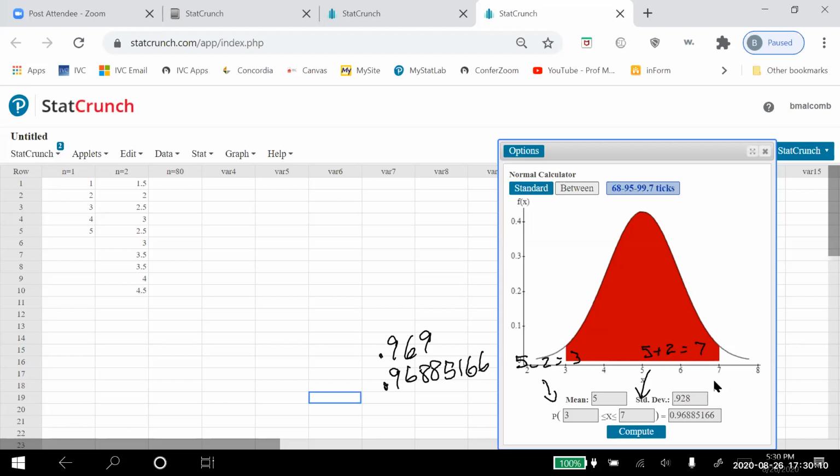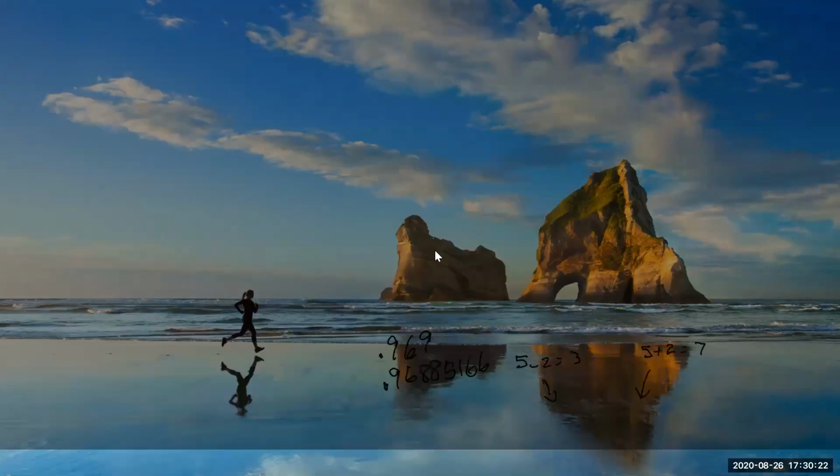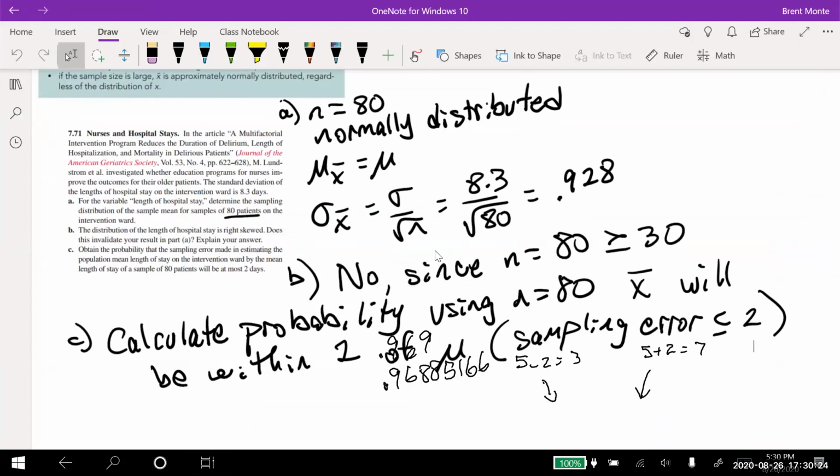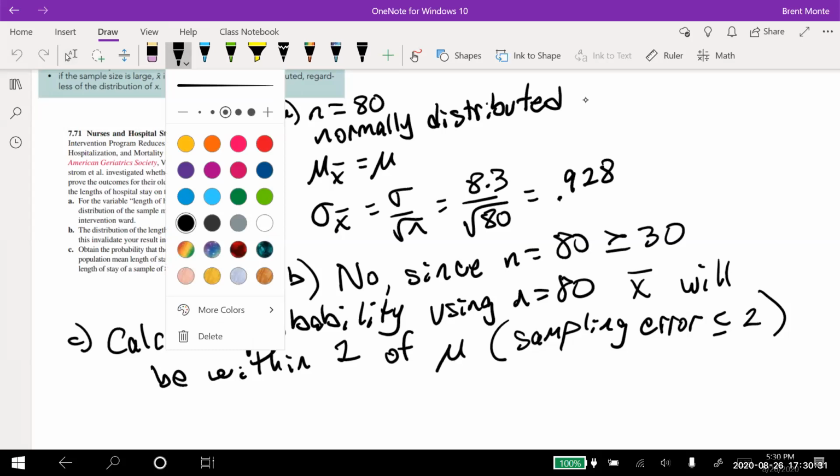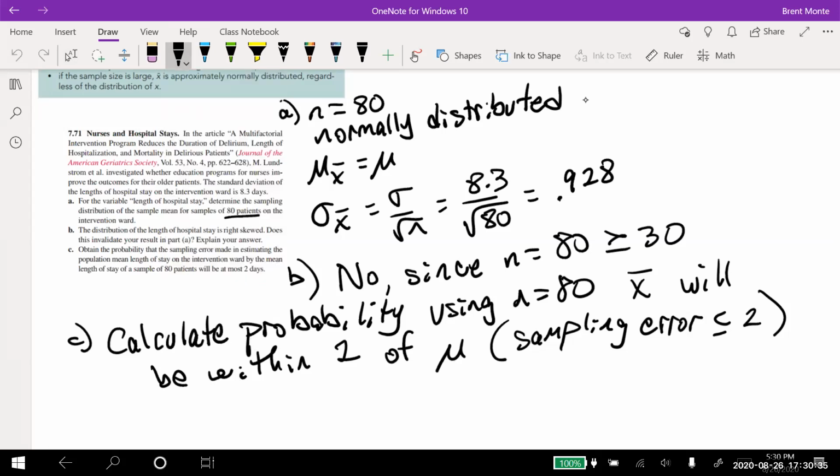So that's where I would go and I'd say, oh, it's about 0.969 if I round off to 3 decimal places. So here, and I've already got that there, 969, let's just clear that part of it. So for part C, it's... I forgot what the value was. Good heavens.